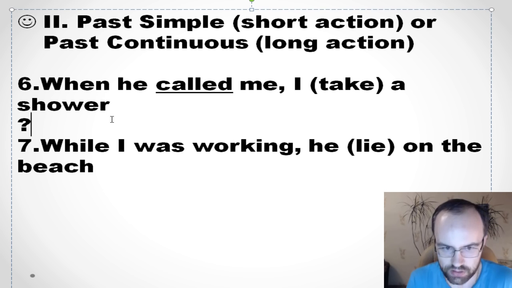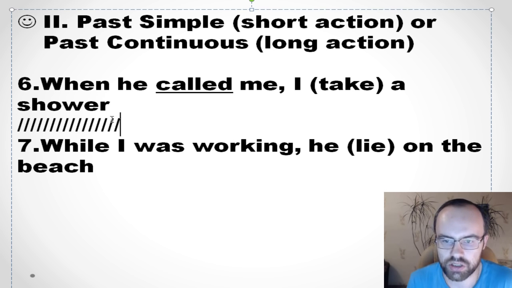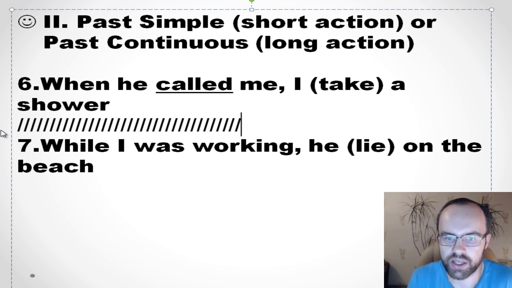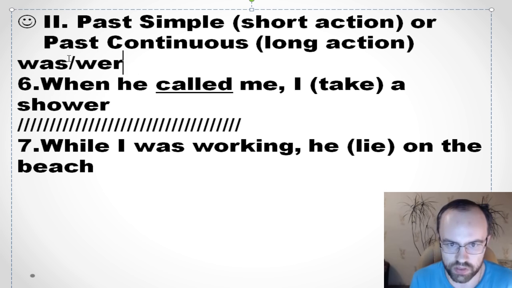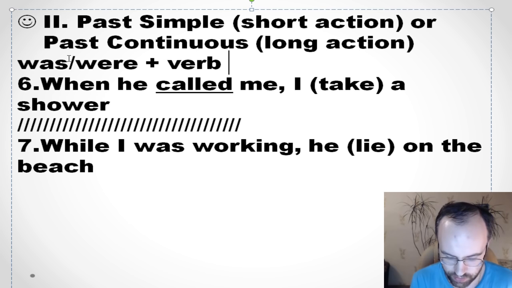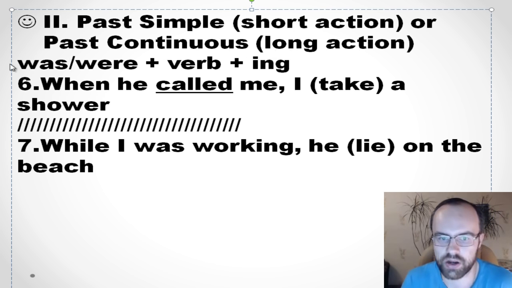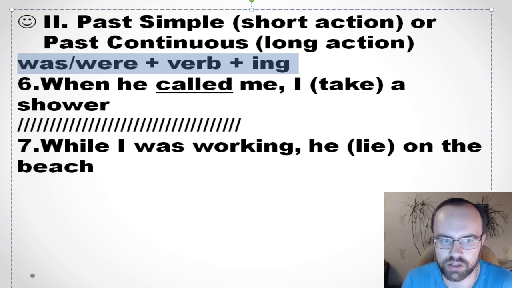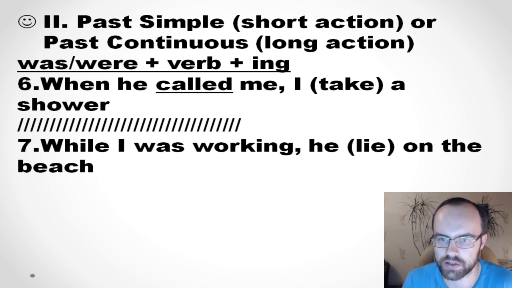And past continuous, you know how we form it: was or were plus verb plus ing. Please remember it. It's also very important to know how we form this tense.